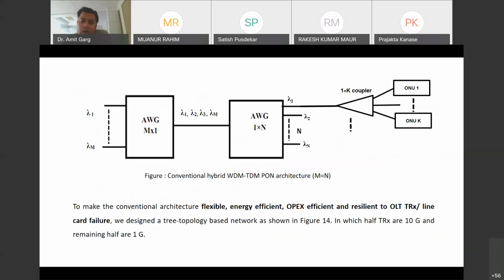So how can we provide dual rate data? Suppose someone wants 10 Gbps data at one point of time and 1 Gbps at another time, then how can we switch without affecting the service, or we can say the transition time?